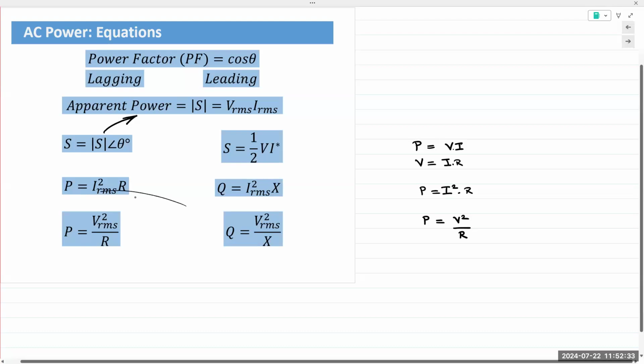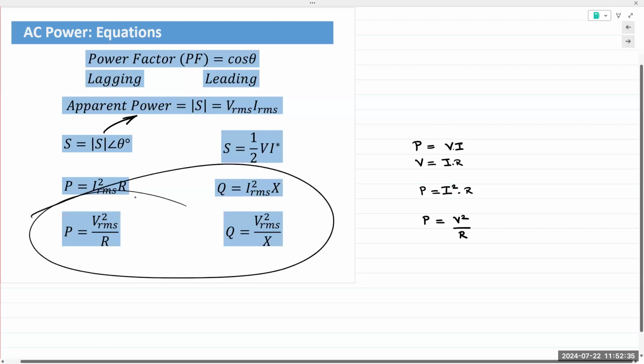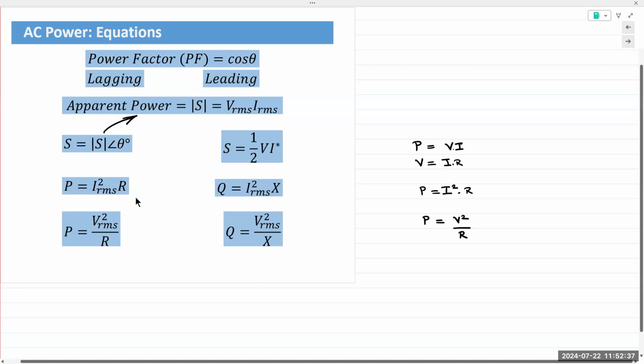Now look at these equations. Exactly the same structure. But if you're AC, what do we say? We want to define an average value for AC. An average value, of course, is the RMS value.